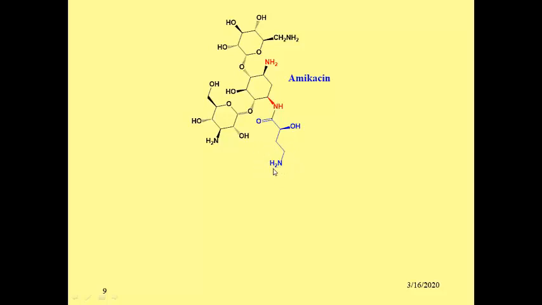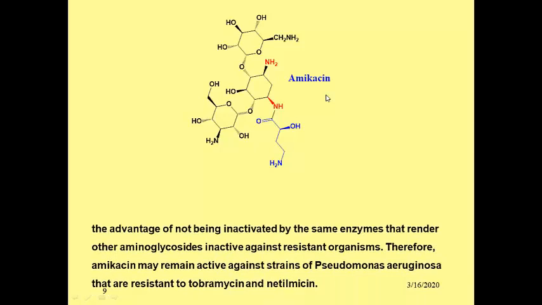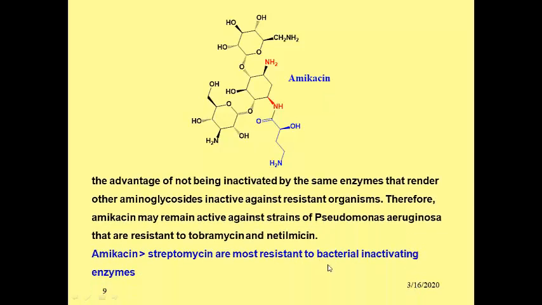So the amino function is still here, resulting in amikacin, more active than the kanamycin group, more resistant to bacterial inactivating enzymes. Amikacin is used by intramuscular or intravenous route.